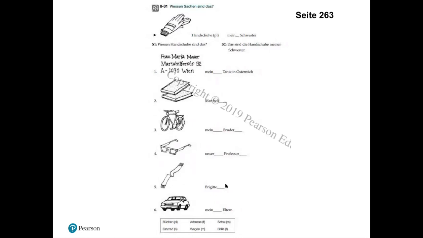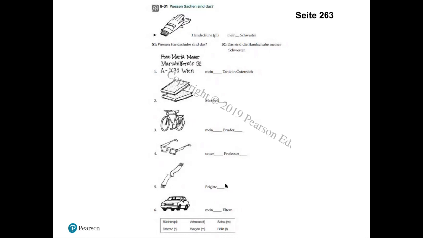And at the bottom, we do have our little word box. Bücher, plural, books. Fahrrad, neuter, bicycle. Adresse, feminine, address. Wagen, maskulin, car. Schal, maskulin, scarf. Und Brille, feminine, glasses.